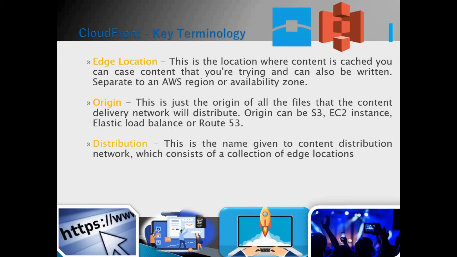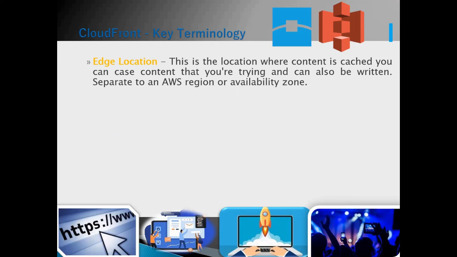So what are the key terminologies in CloudFront? First of all, edge location. We talked about edge location. This is a location where the content is cached, and it can also be written to. Basically it is a local, nearby server where you cache your data, and you can also upload, or write, data to the edge location.